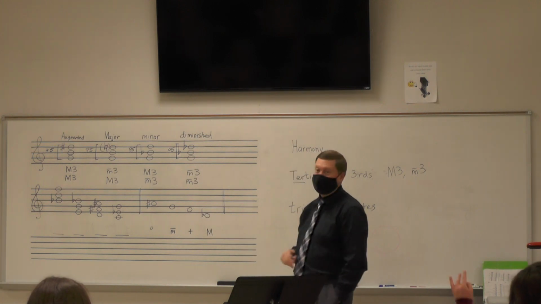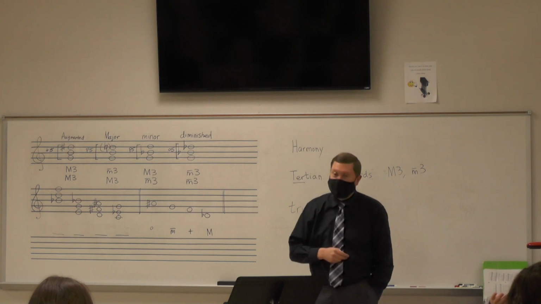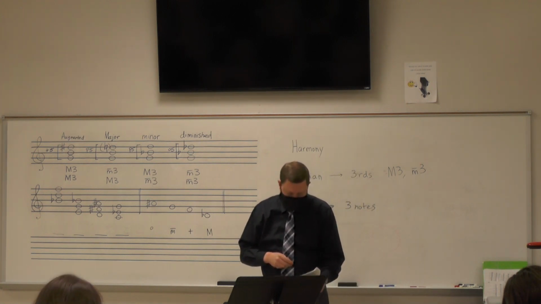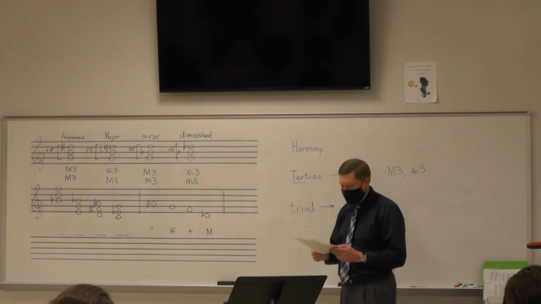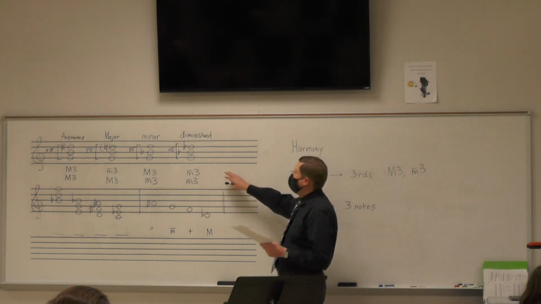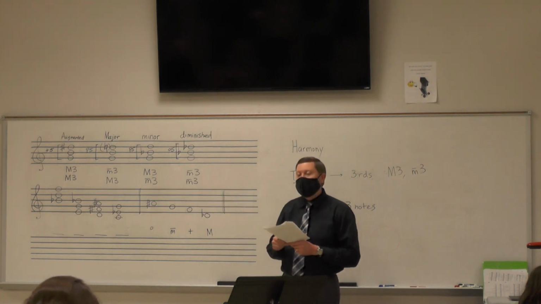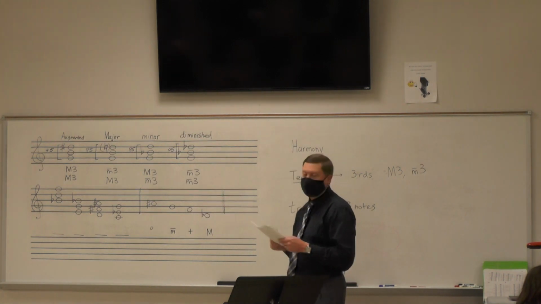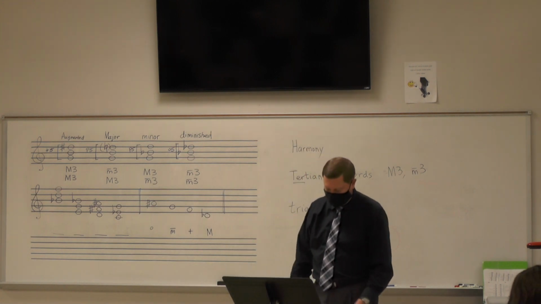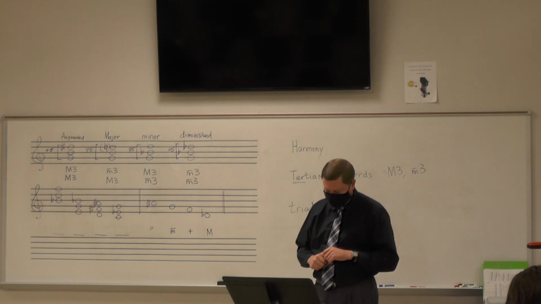Which one of those four types is the rarest? Augmented? Yeah, it's the augmented triad. Major and minor triads are encountered most often, but the augmented triad is encountered the least often. Diminished triads are encountered, just not as frequently as major and minor ones, but they do crop up somewhat frequently.